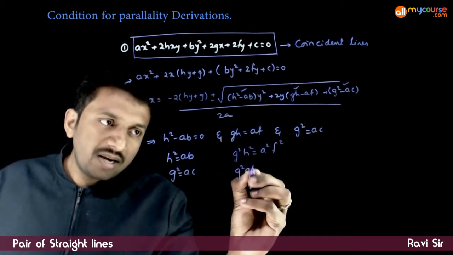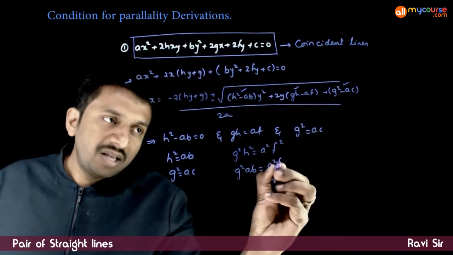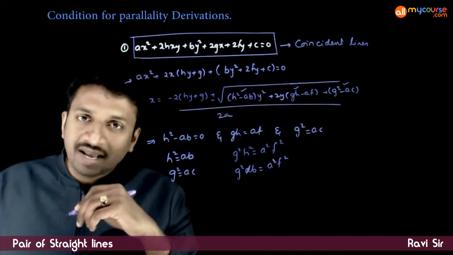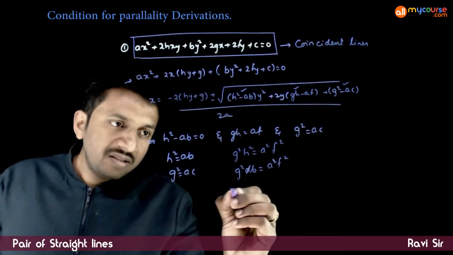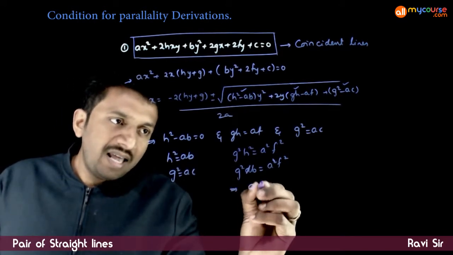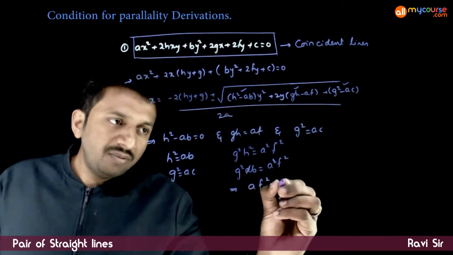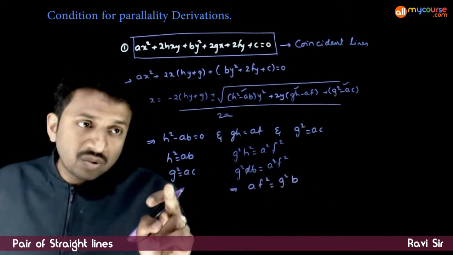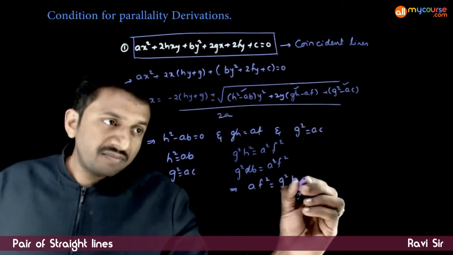So g square ab is equal to a square f square. So 1a will get cancelled. So this implies af square is equal to g square b and g square is equal to ac.